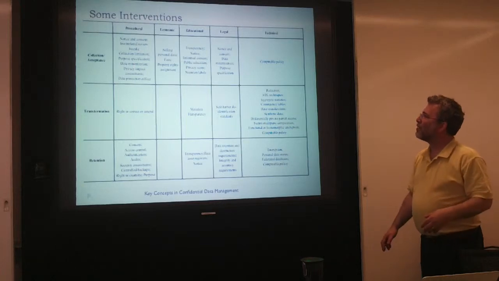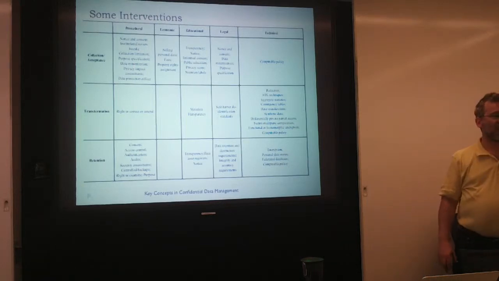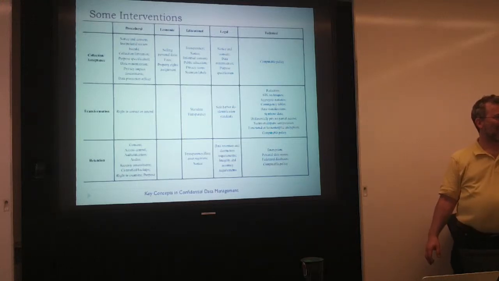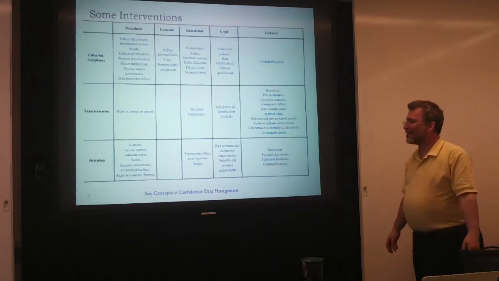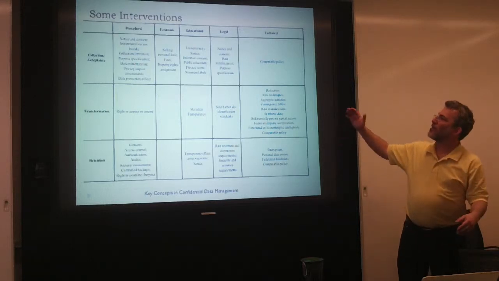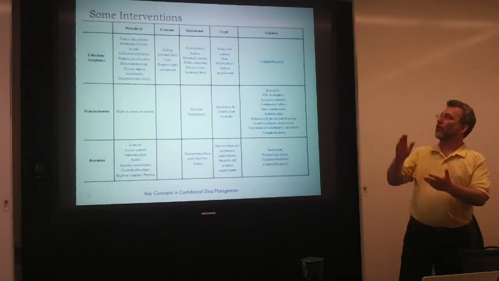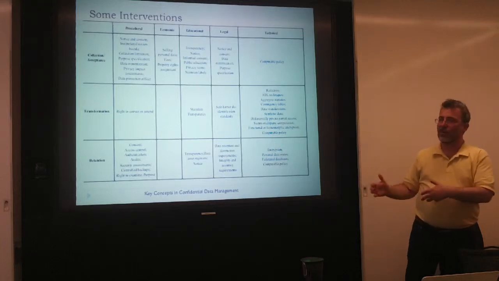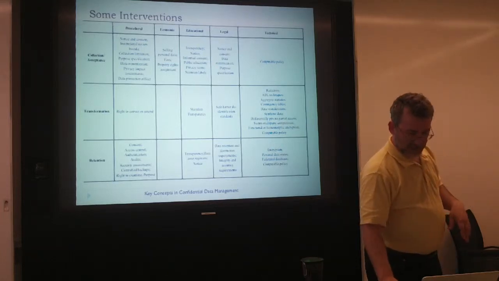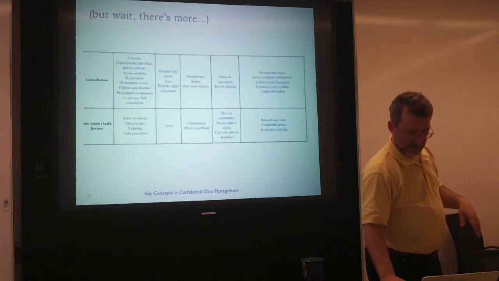There are quite a bit of interventions, and that huge 30,000 word paper that we just sent around lists a sample of interventions at these different stages. They can be procedural, economic, educational, legal, technical, including new methods of encryption, statistical methods, etc.